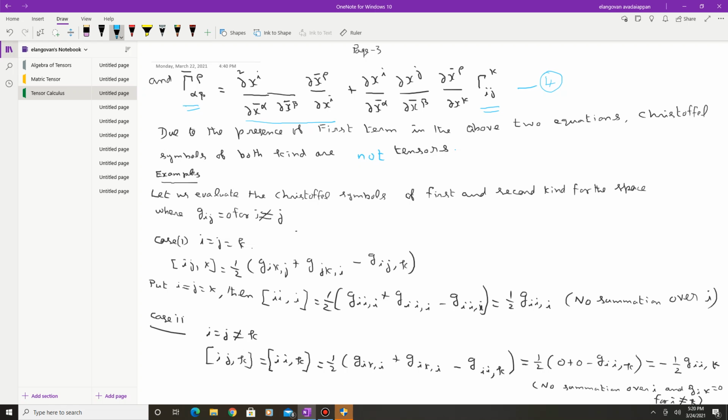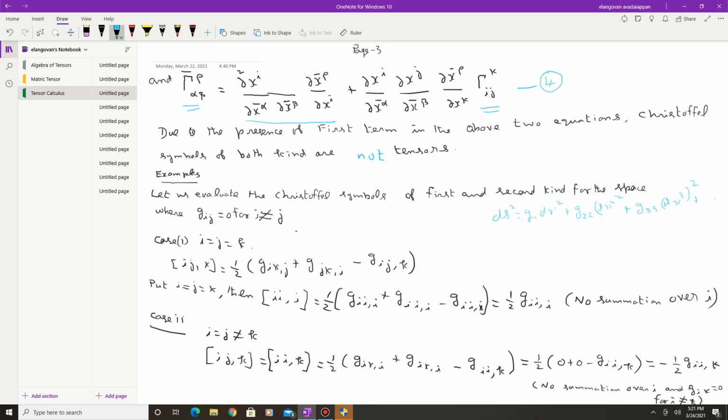If you express the line element, ds square, it will be g11 dx1 square plus g22 dx2 square plus g33 dx3 square, and so on.